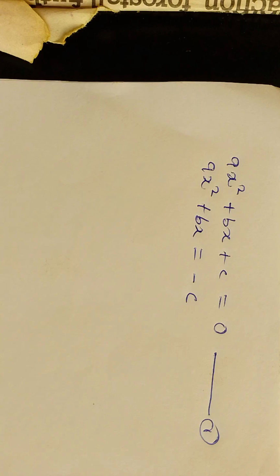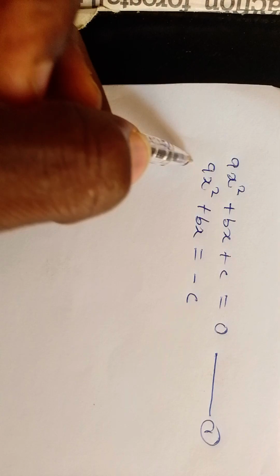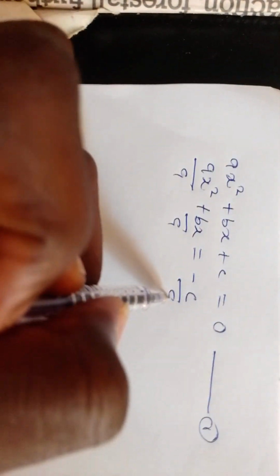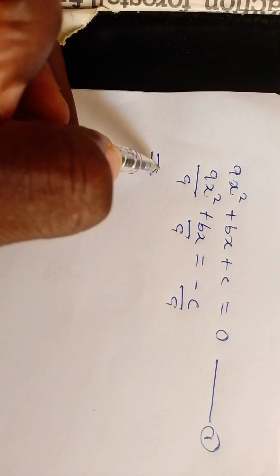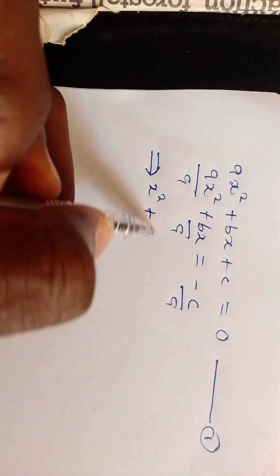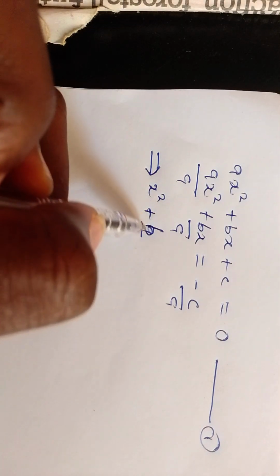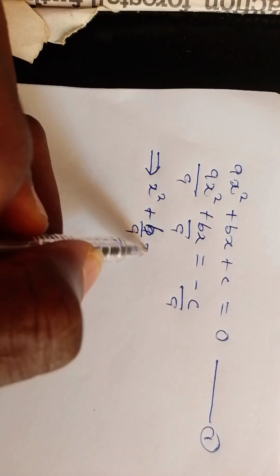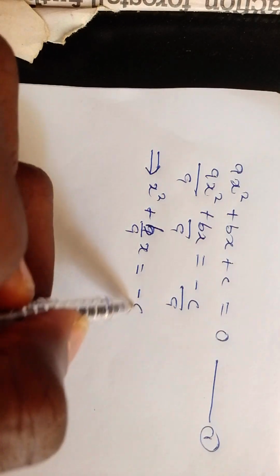That is, the power of the first x is x squared. So I will have to divide through by a, and this implies that I'm having x squared plus b over a x equals minus c over a.